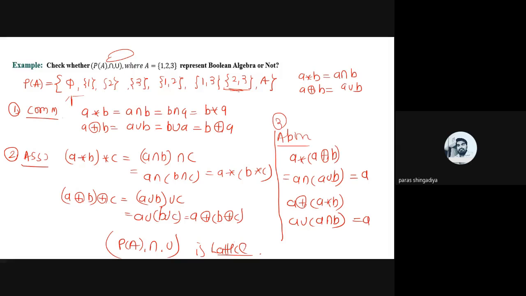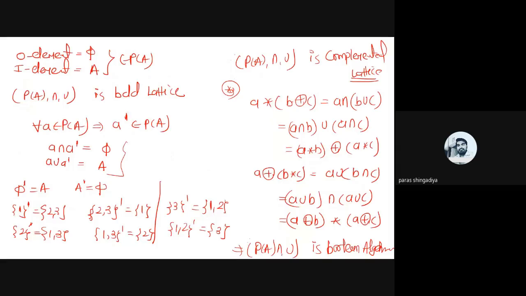First take the screenshot of this one. Is there any doubt in this question to anyone? Take the screenshot, and then this is the second page of that.